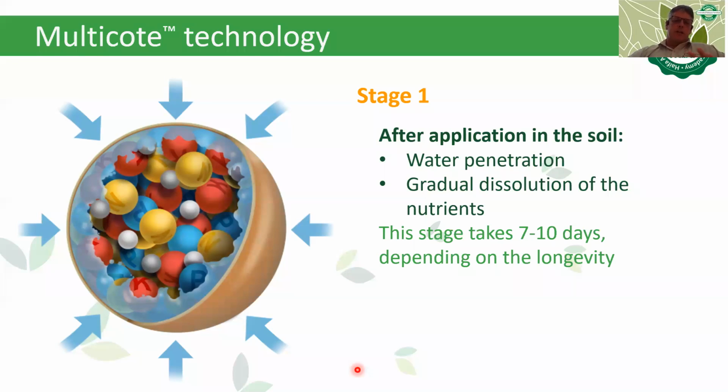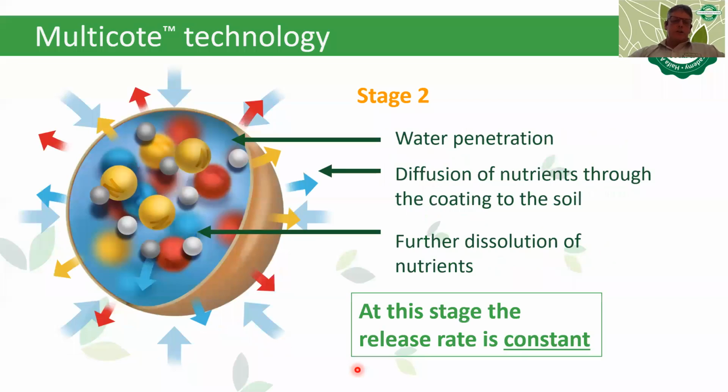Now that first stage takes 7 to 10 days, and it depends on the thickness of the coating and the permeability of the coating, but normally 7 to 10 days is this first stage. The second stage is where most of the nutrient is now dissolved inside, and you have a much higher rate of release, and the release now becomes constant because you're having constant moisture going in.